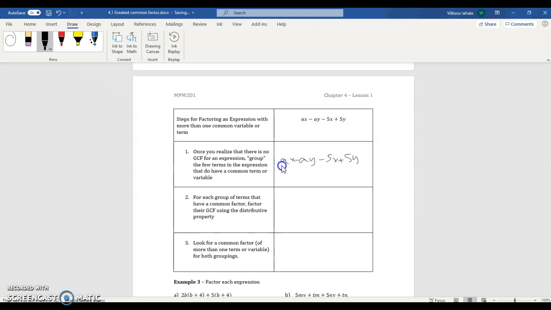So the ax minus ay group, the common factor there is our a. And a common factor that we can take out from the minus 5x plus 5y group could be our minus 5.